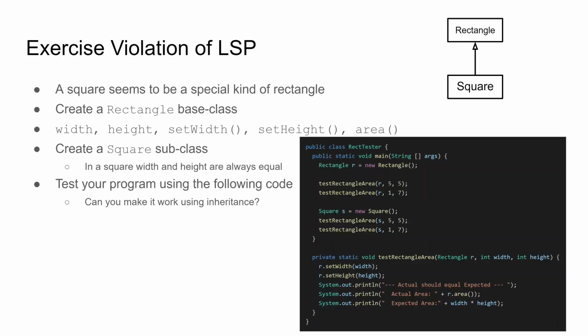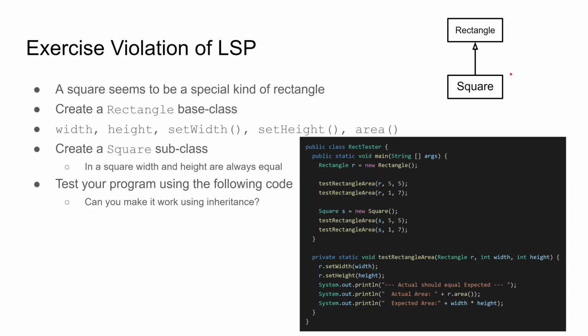In this example, we are simply taking the conceptually correct idea of a square being a special type of rectangle, and we can see this in this little class diagram here, that the rectangle is a more generic concept. It's more general, and we have this more special concept, square.